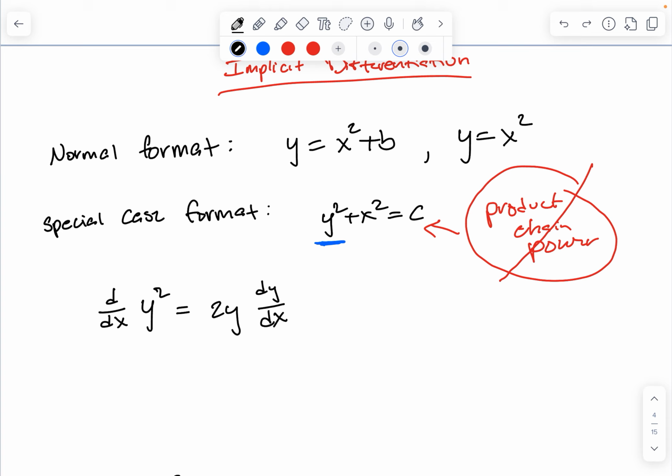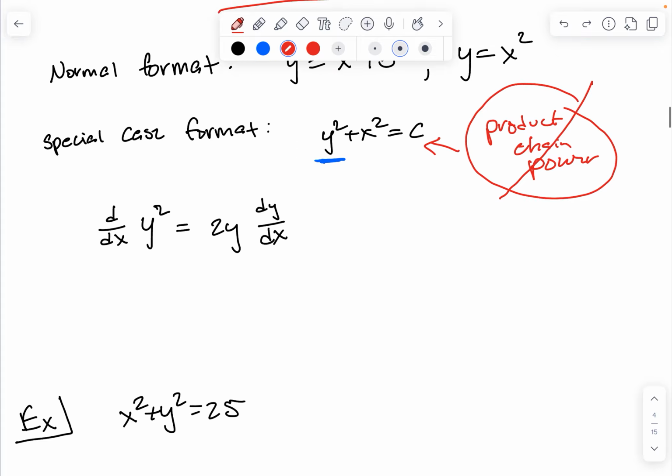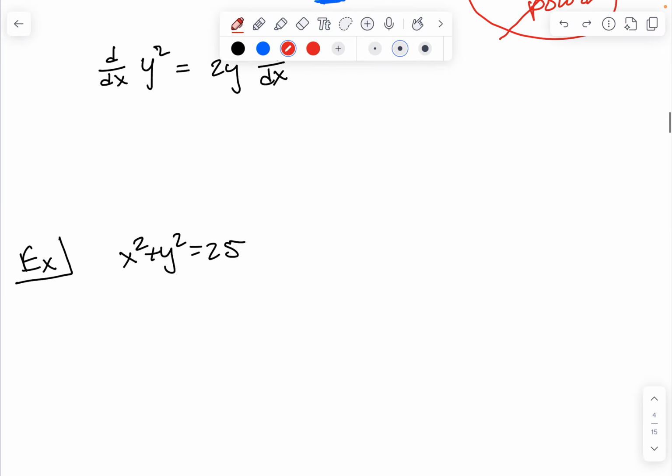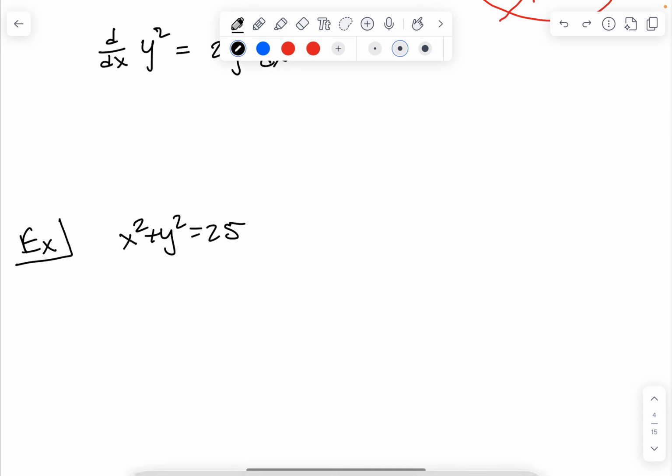And now we have two more variables in the equation. We have this dy, and then we also have this dx, which you can think about as constants almost, as your new y's. So y is now dy, x is now dx. So let's look at an example. We have x squared plus y squared is equal to 25. Step one would be to differentiate both sides with respect to x.